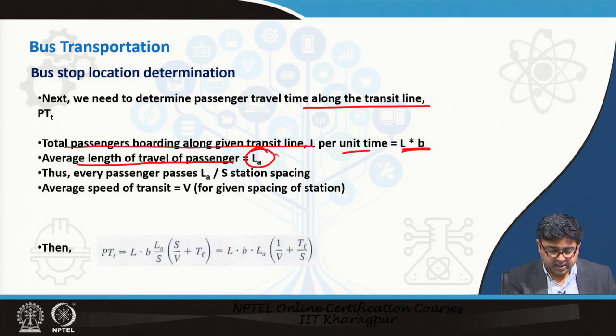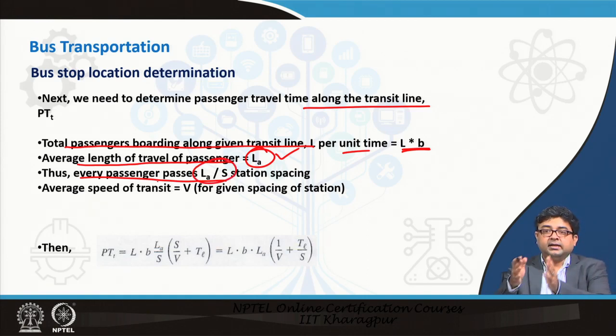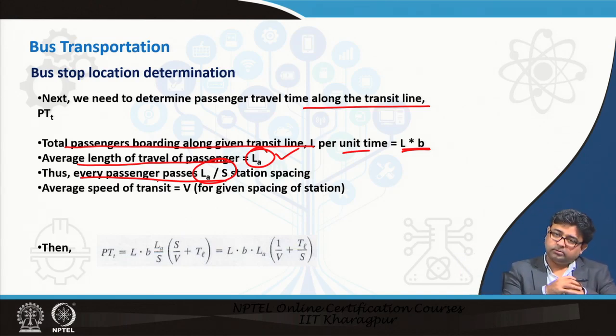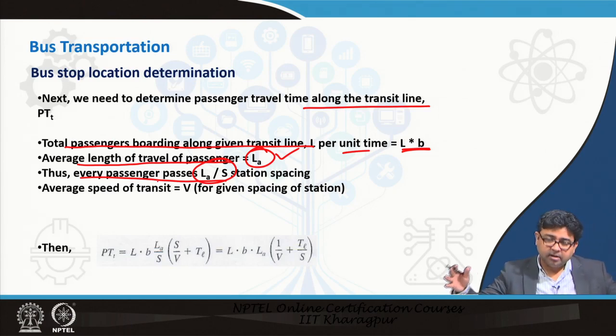So, if you consider average to be L_A, then every passenger passes L_A by S station spacings. So, if you consider different station spacings, they will cross only L_A by S station spacings and will not travel the entire spacing of the transit line of the stations.